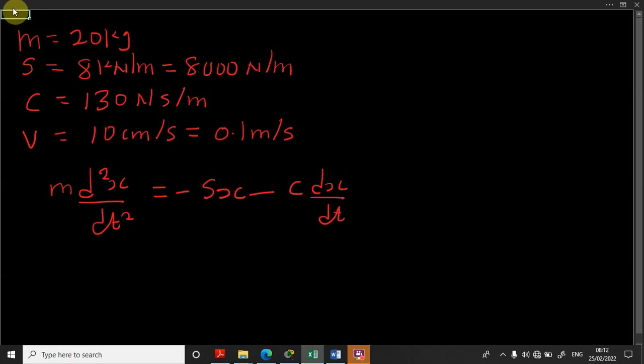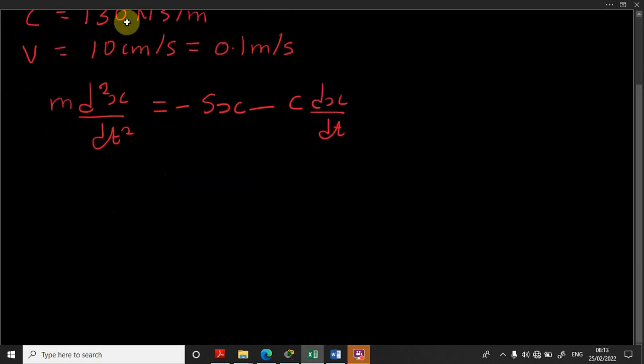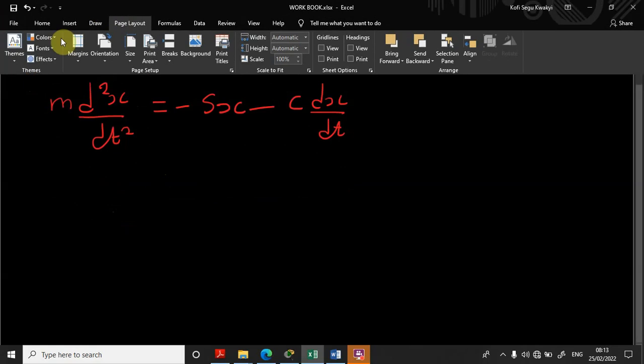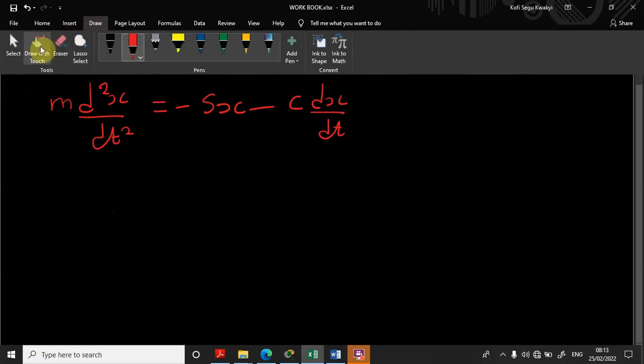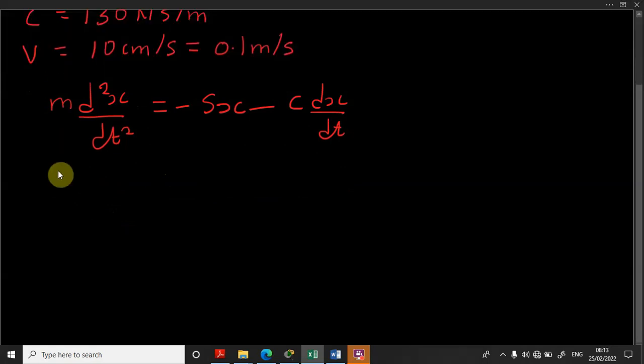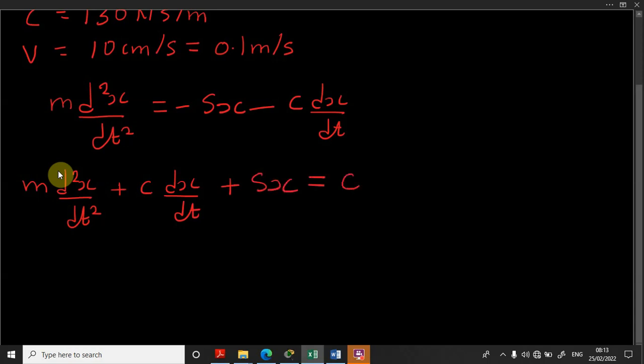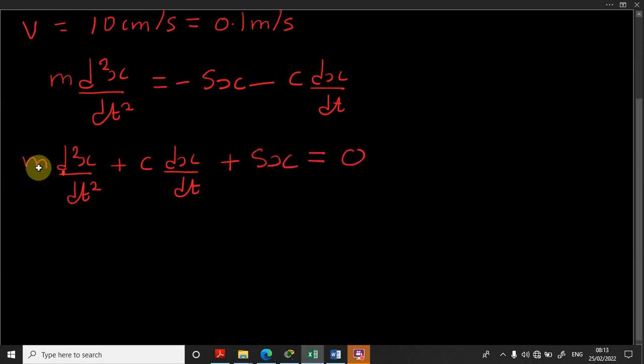Let's rearrange this to be 0. So we have m d squared x over dt squared plus c dx over dt, then plus sx, which is equal to 0.